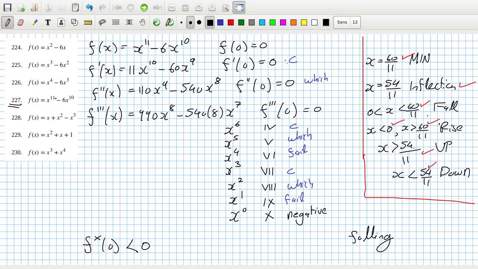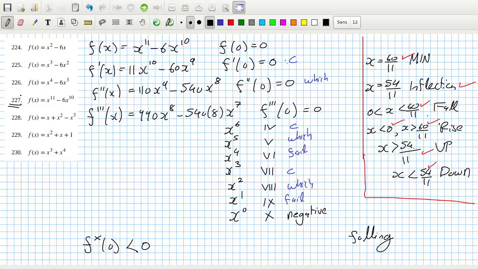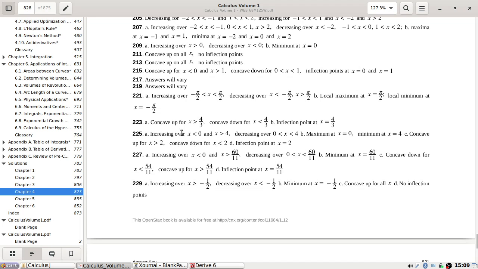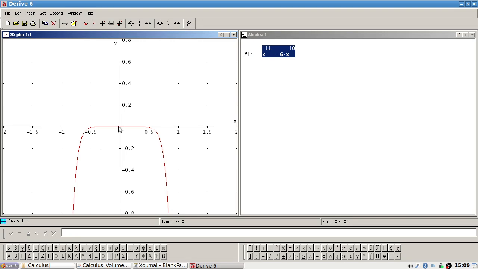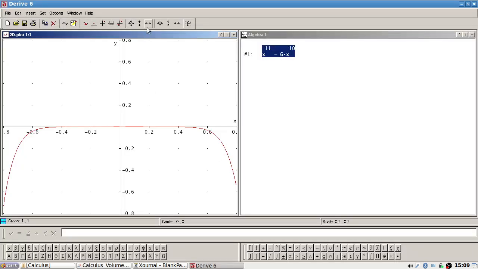Am I looking at the wrong question? Increasing on x less than 0. Yeah. 60 over 11 is about 6. And then concave up for x more than 2. Inflection at 2. Okay, let's get to 2.